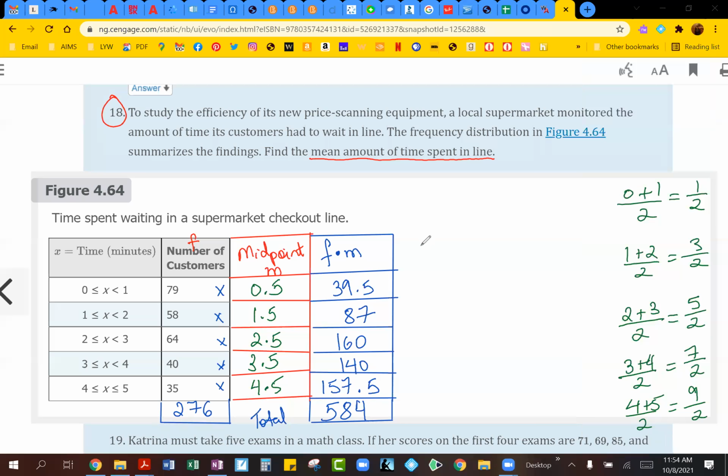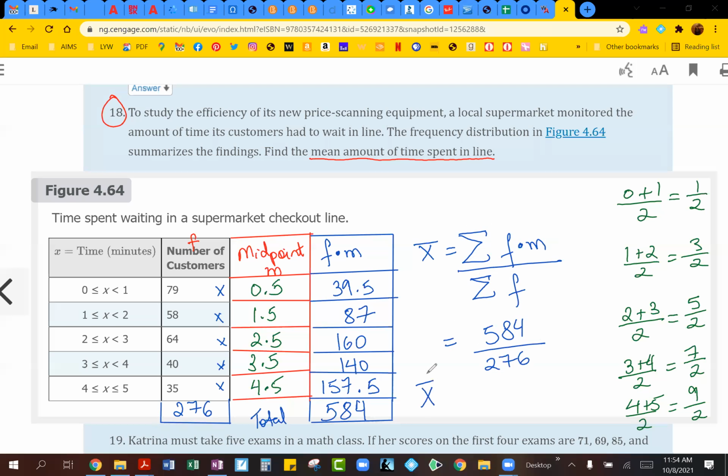So remember, for our mean, for grouped data like this, if I had to rewrite the formula, that would be the total of the F times M column, divided by basically the summation of just the frequency column. So that is our 584 divided by 276.